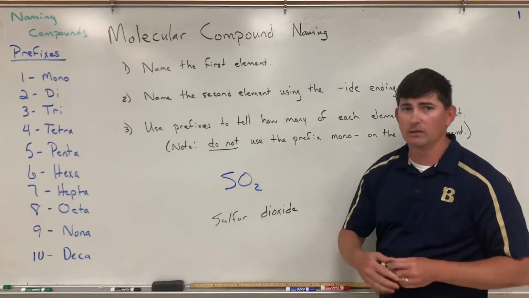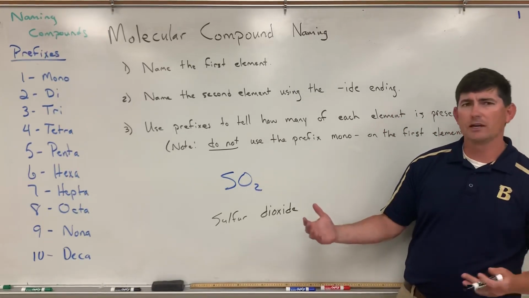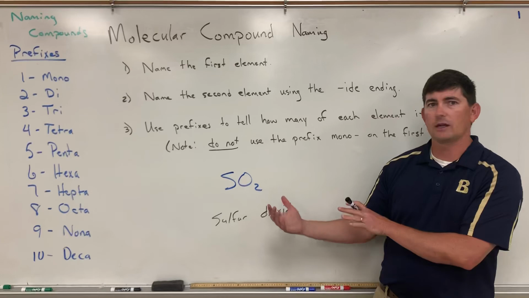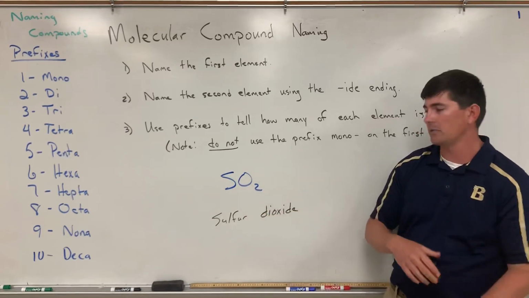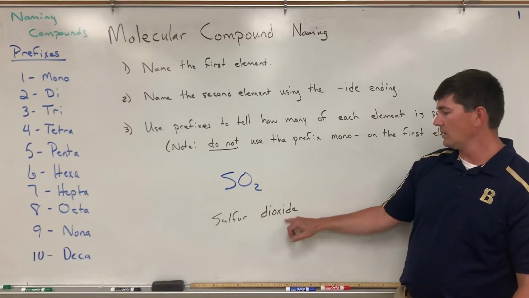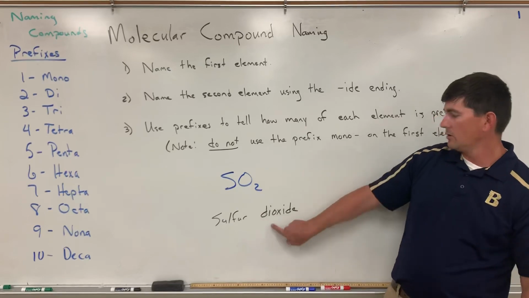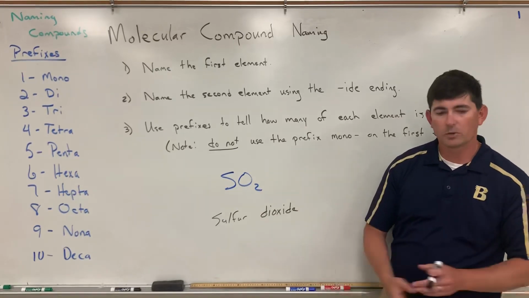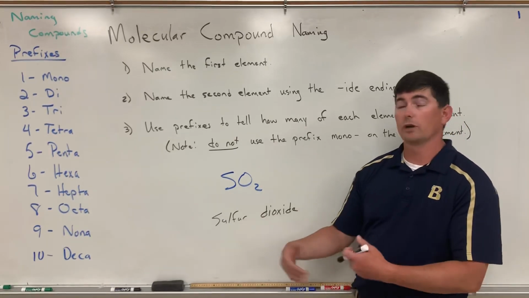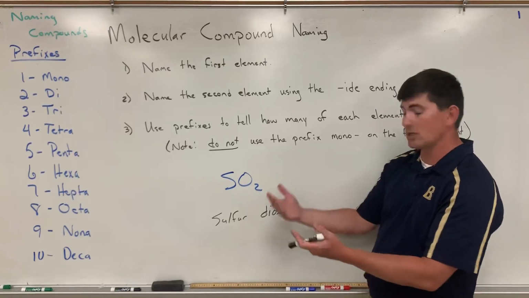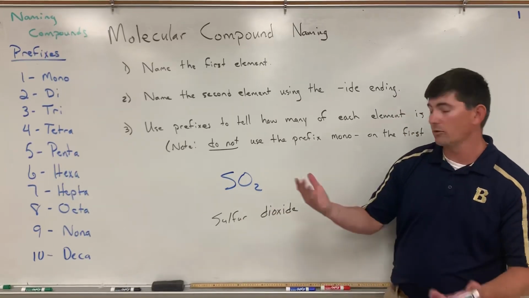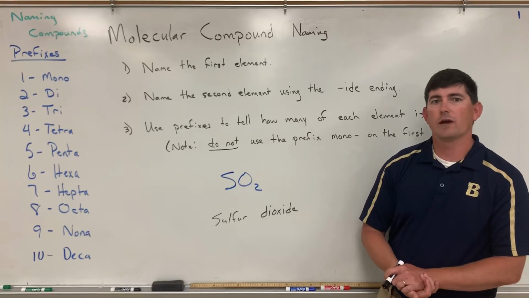If you're worried a little bit about the spelling of it, like what part of it I'm taking off, if I take off too many letters, don't worry about that. Get the ending right, get the prefix right, do your best to do that. Of course, you can look it up on the internet, or look at other examples where the name is written somewhere. You'll probably find dioxide in other places, so you can figure out how to spell it.